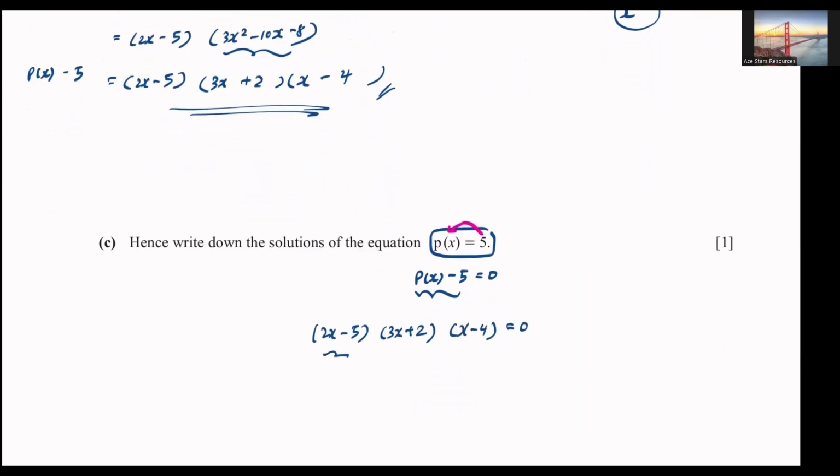So 2x minus 5 equal to 0, or 3x plus 2 equal to 0, or x minus 4 equal to 0. Solve for x, then you'll have all this as your final answer.